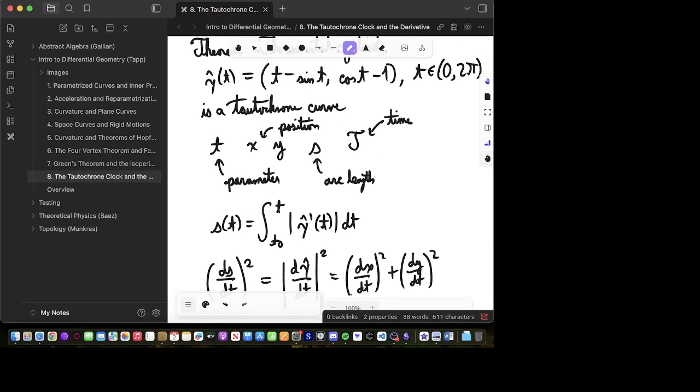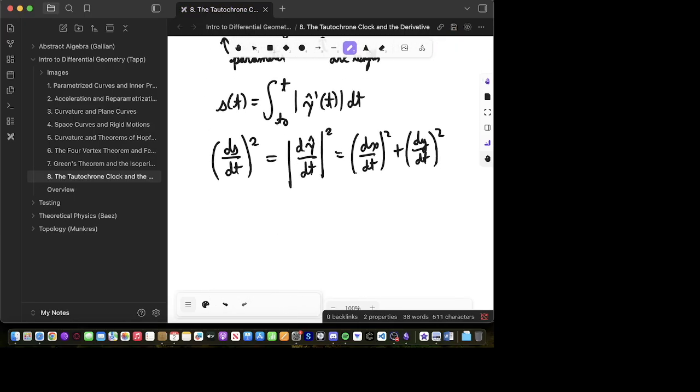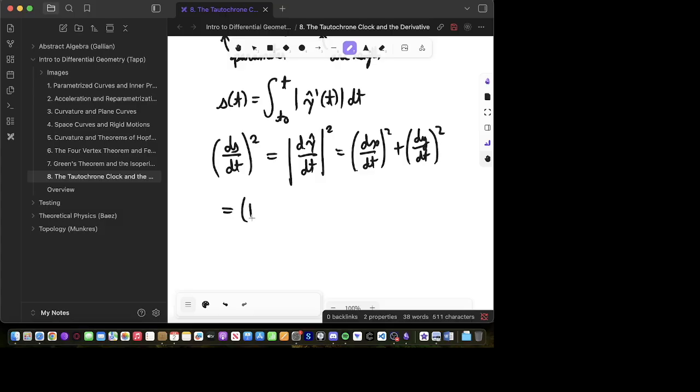So if you do the calculations for that, that turns out to be 1 minus cosine of t squared plus negative sine of t squared, which is equal to 2 minus 2 cosine of t.